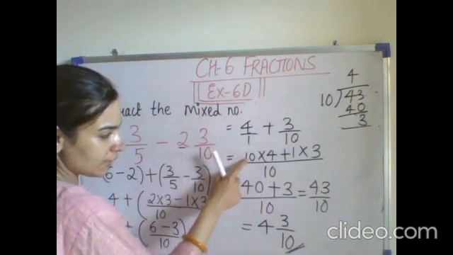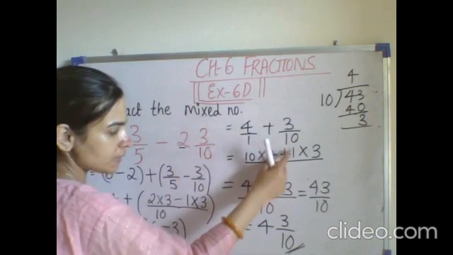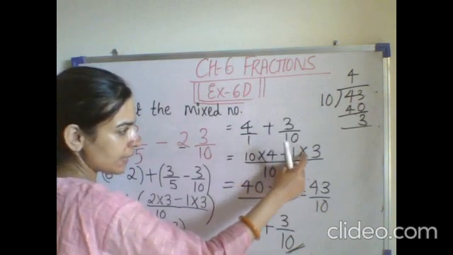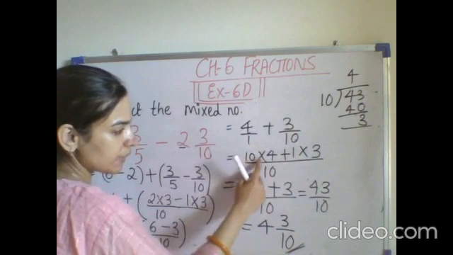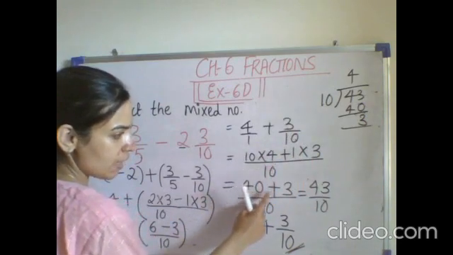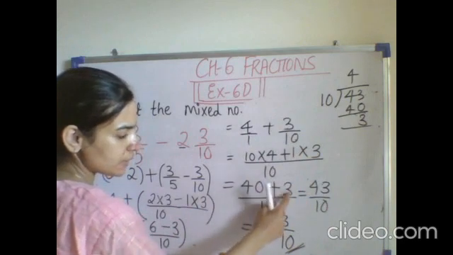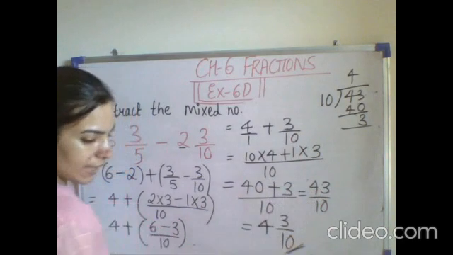So we get 10 multiplied by the numerator, that is 4, plus 10 divided by 10 is 1 multiplied by the numerator, that is 3. So 10 multiplied by 4 is 40 plus 1 3 is 3. So 40 plus 3 is 43. So our answer is 43 upon 10.